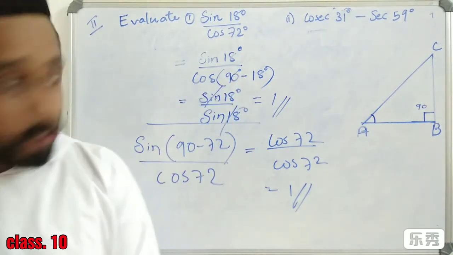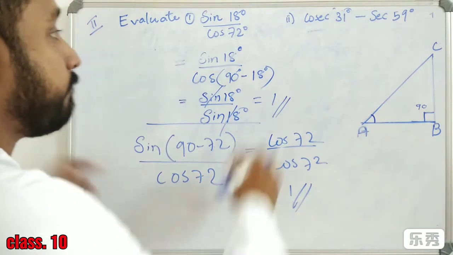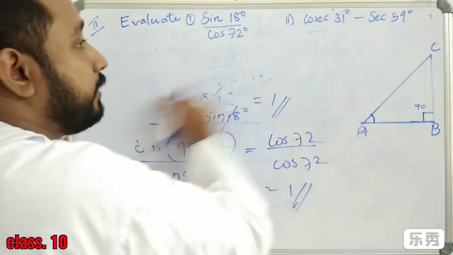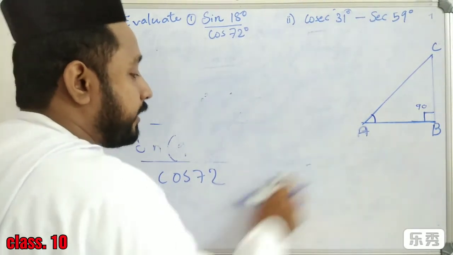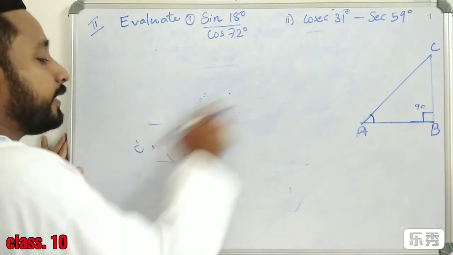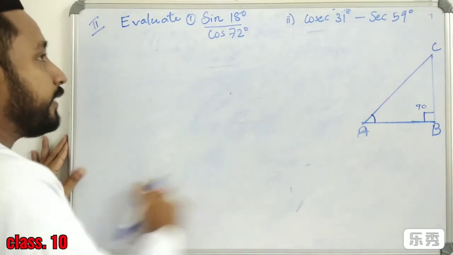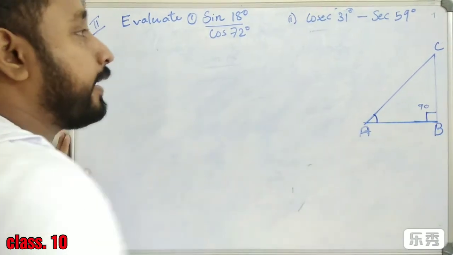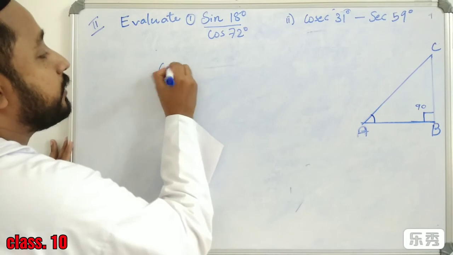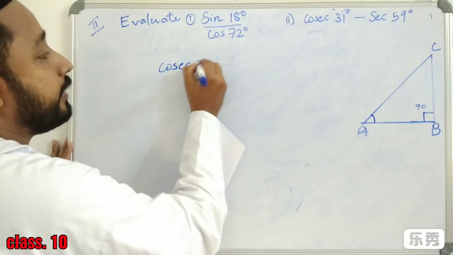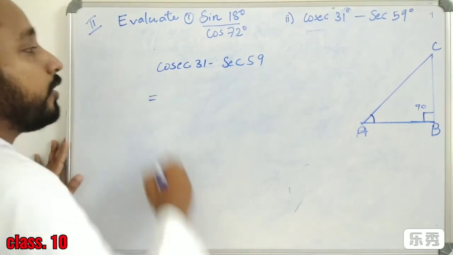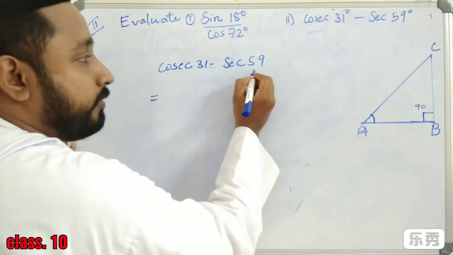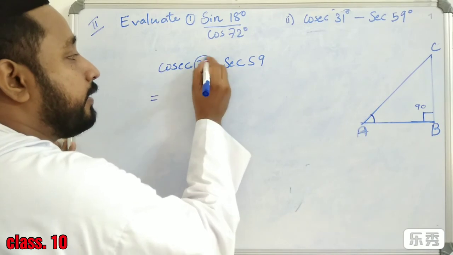Next one is cosec 31 minus sec 59. The sum of 31 and 59 is 90 degree. So 31 and 59 are complementary angles. So we can write cosec 31 minus sec 59, and I am going to change this 31.